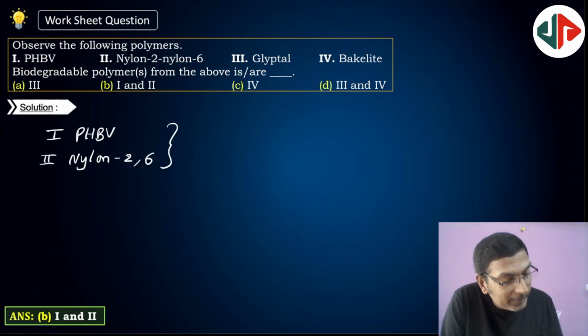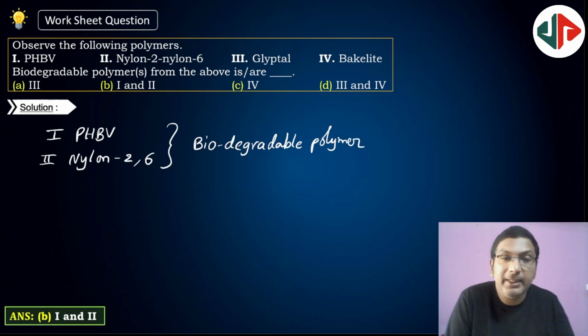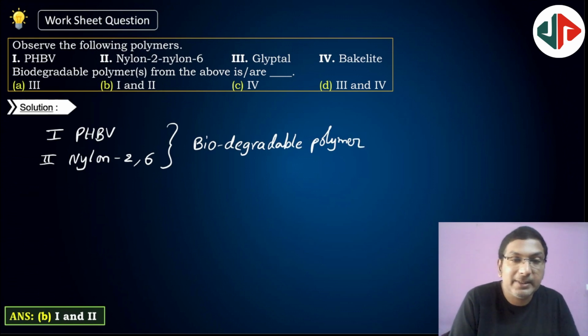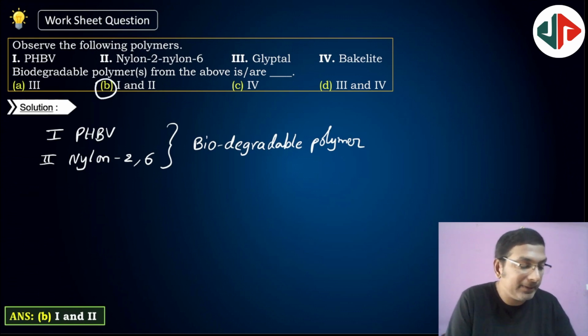So these two are biodegradable. That means these can be decomposed by microorganisms. Therefore option B, 1 and 2 biodegradable. Next.